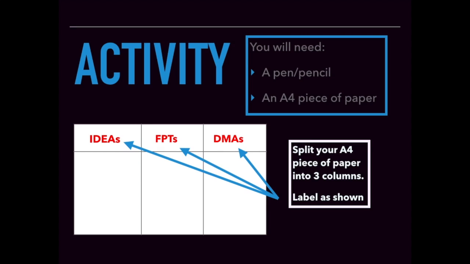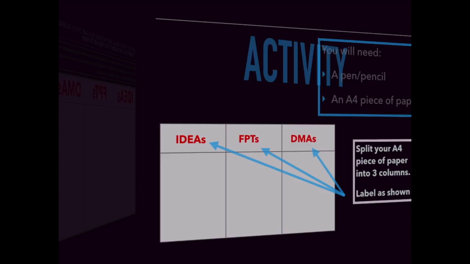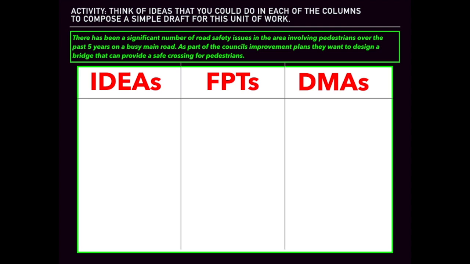Please feel free to pause this video while you get that prepared. And for the activity, we are going to think of ideas that you could do in each of the columns to compose a simple draft for this unit of work. That is based on the idea that I mentioned previously, which is highlighted in green just under the initial activity.